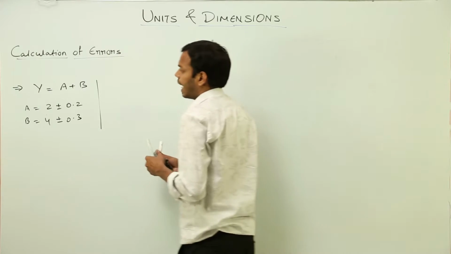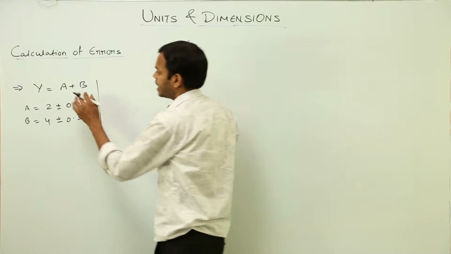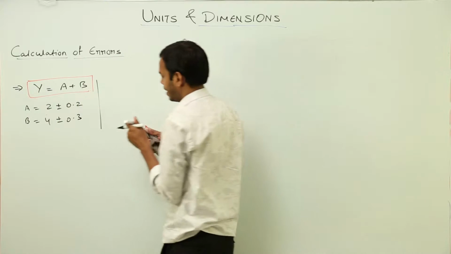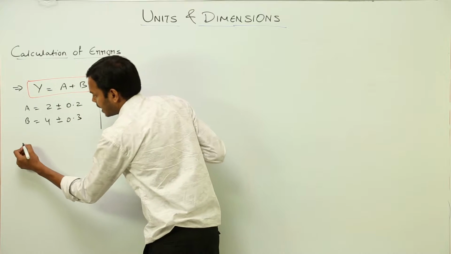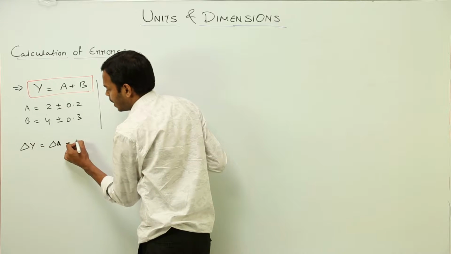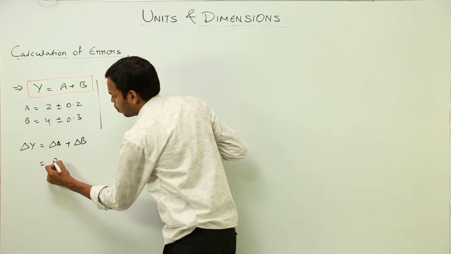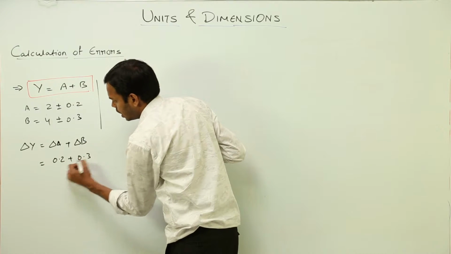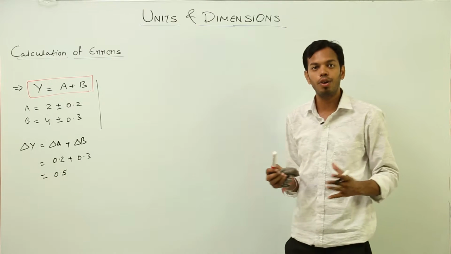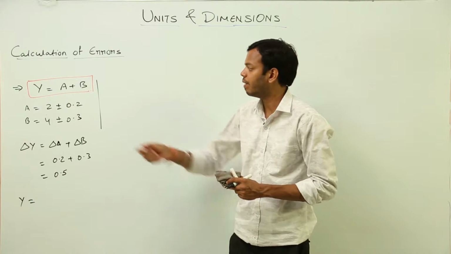Now I want to know the final error in the answer, that is, what will be the error if two quantities are added up. The error in the quantity would be the addition of individual errors, that is delta a plus delta b. Delta a is 0.2 and delta b is 0.3, so this comes out to be 0.5. What is the expression for y? y is a plus b.